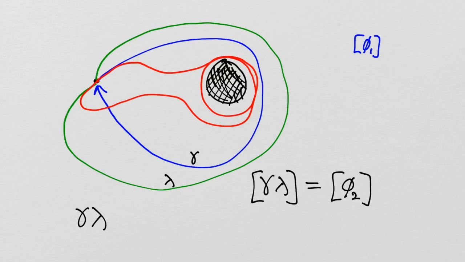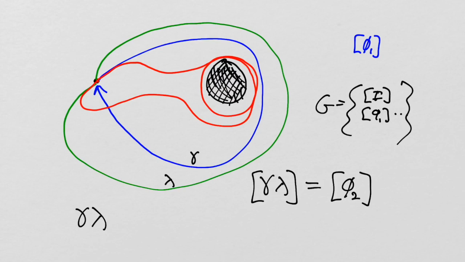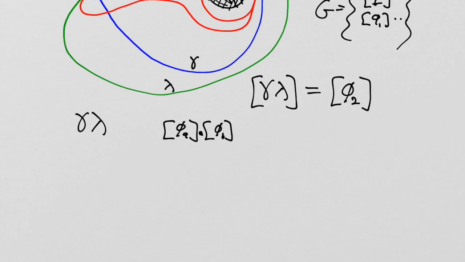And what I'm learning is that my set G contains all of the equivalence classes out there, and I can take two elements of the set, phi A and phi B, and the group operation I put in the middle with a little dot if I want to explicitly say I'm doing the group operation.